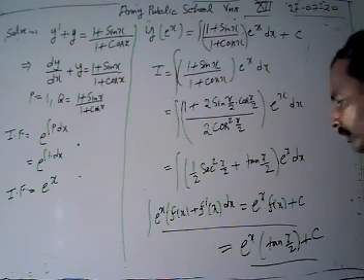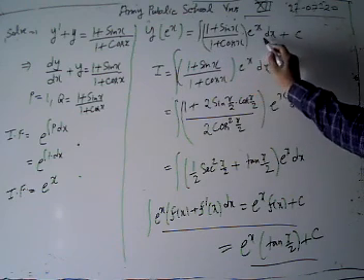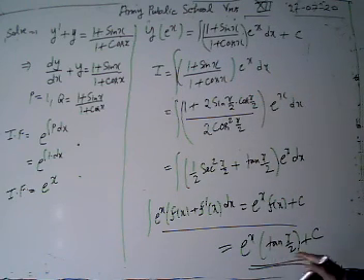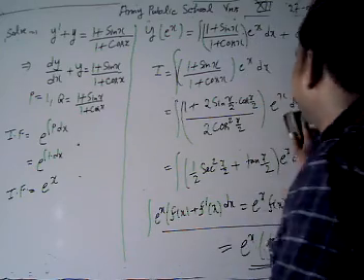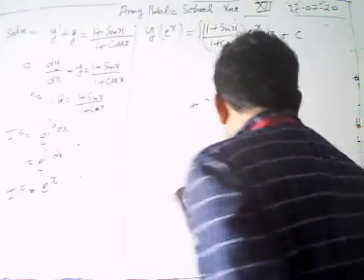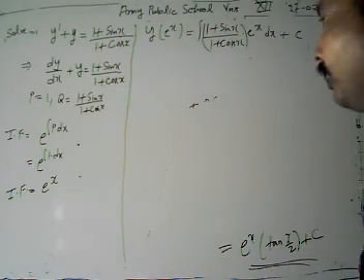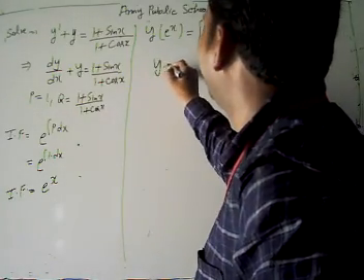Now look, in place of this integration of 1 plus sin x upon 1 plus cos x times e to power x dx, we are going to put the value e to power x into tan x by 2. Now what is our solution? It's y into e to power x.